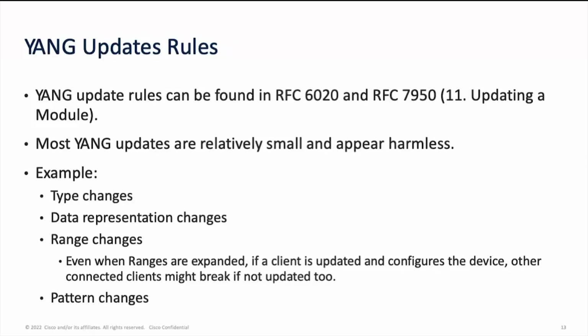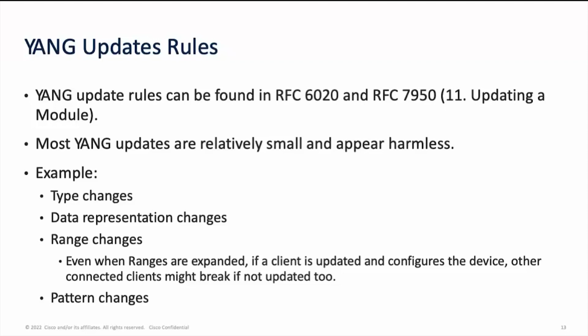An example of that is type changes. It's very simple to break backward compatibility by changing the type of a leaf. A simple and obvious example is changing a type from a string to an integer. Anything other than integers that is present in the previous specification is going to be invalid per the new specification.